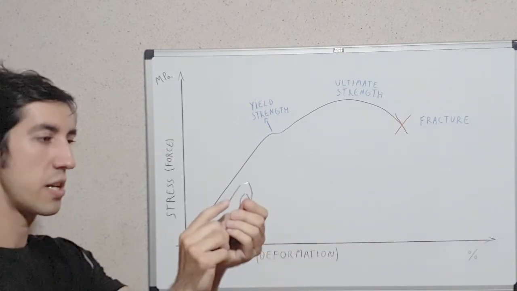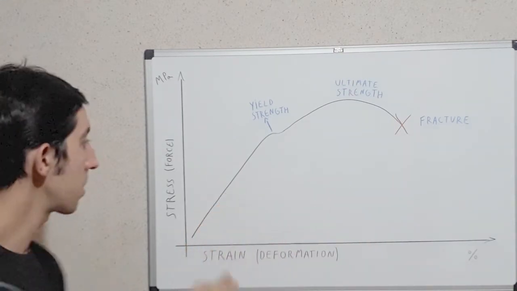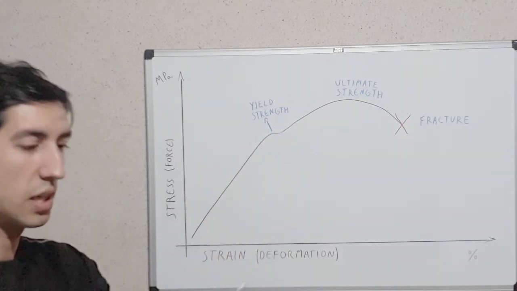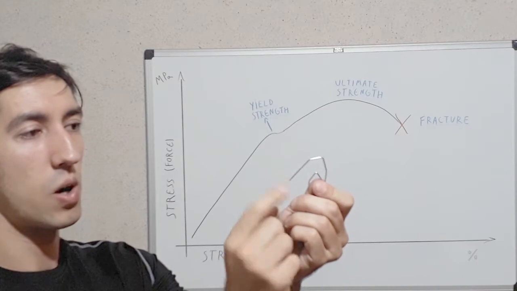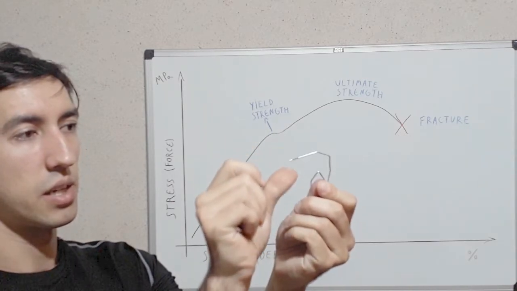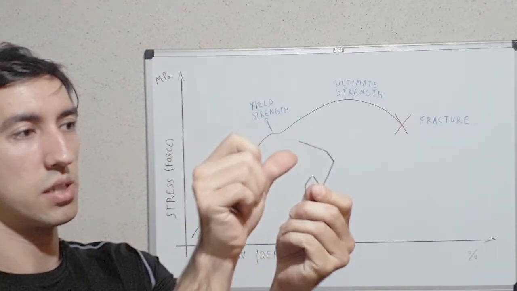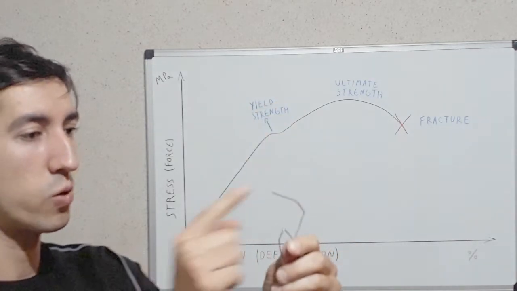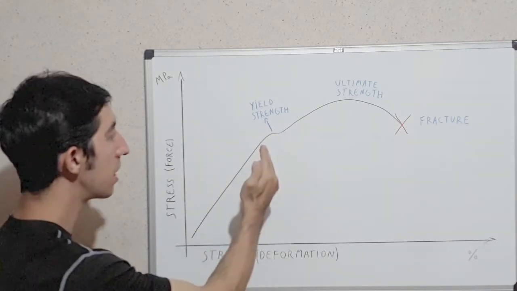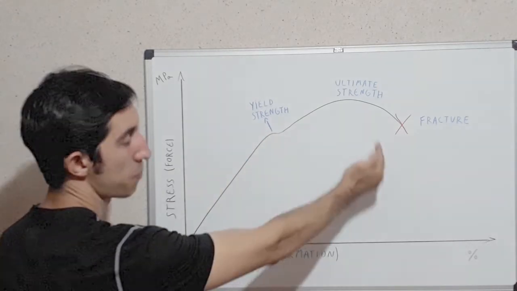So this returning to its original shape is this elastic region here. If we bend more than that, it will not return to its original shape. So it's past the elastic region and entered the plastic region.